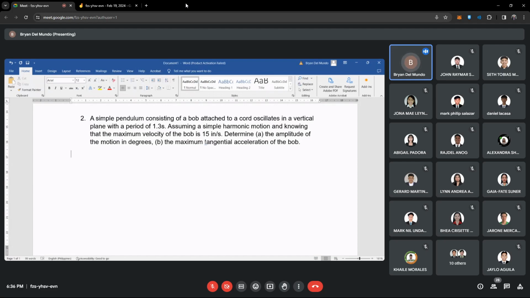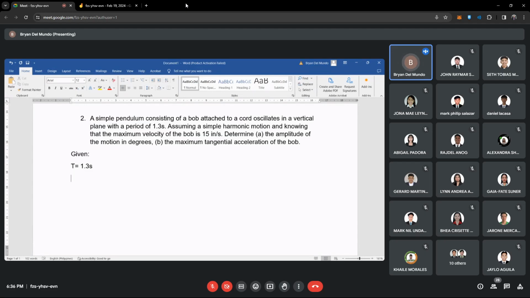Okay, so let's first identify the given. So our given here is we have period, or time, equivalent to 1.3 seconds.